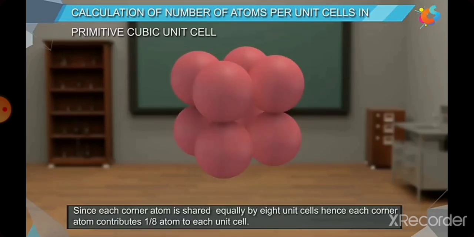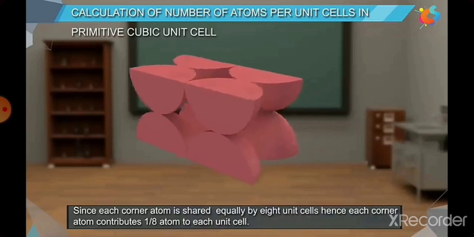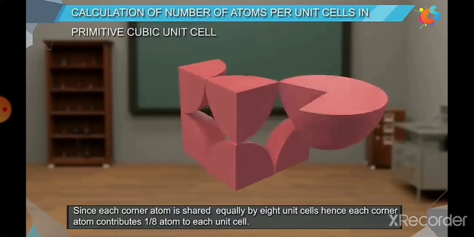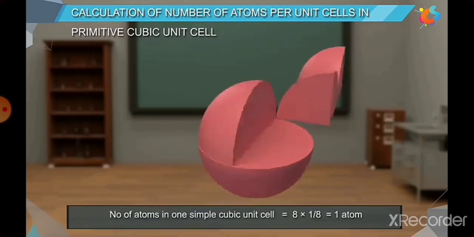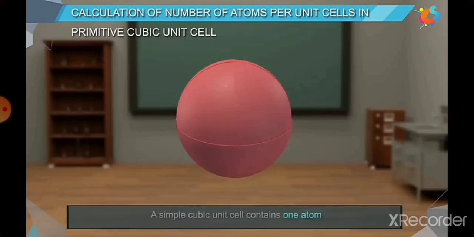Since each corner atom is shared equally by 8 unit cells, each corner atom contributes 1/8 atom to each unit cell. Number of atoms in one simple cubic unit cell is equal to 8 into 1/8, which is equal to 1 atom. A simple cubic unit cell contains 1 atom.